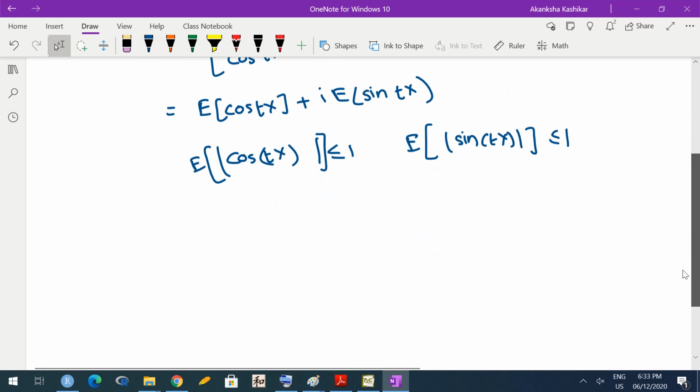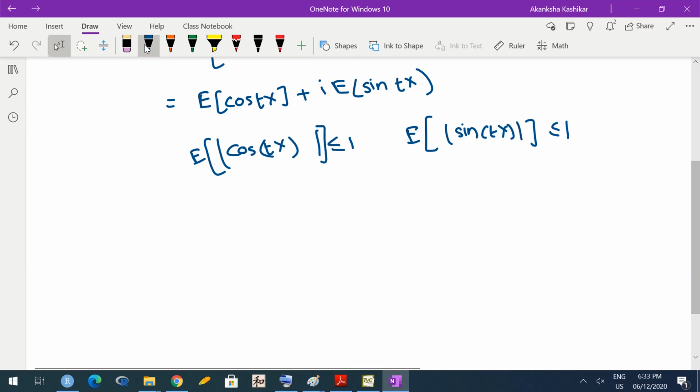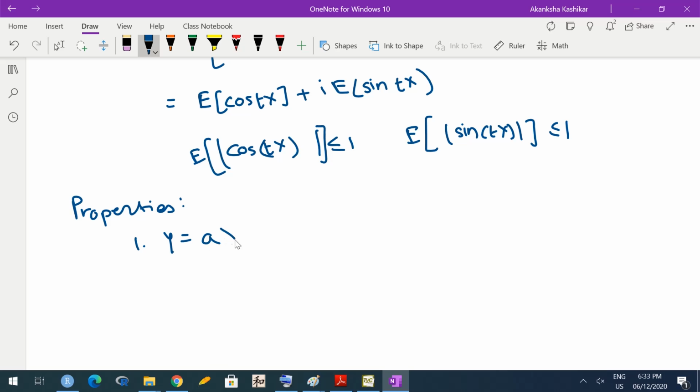What happens if I consider, say, a linear combination of the random variable? So if I define Y equal to aX plus b, where a is not equal to 0 and b is any real number, then how would I define the characteristic function of Y?